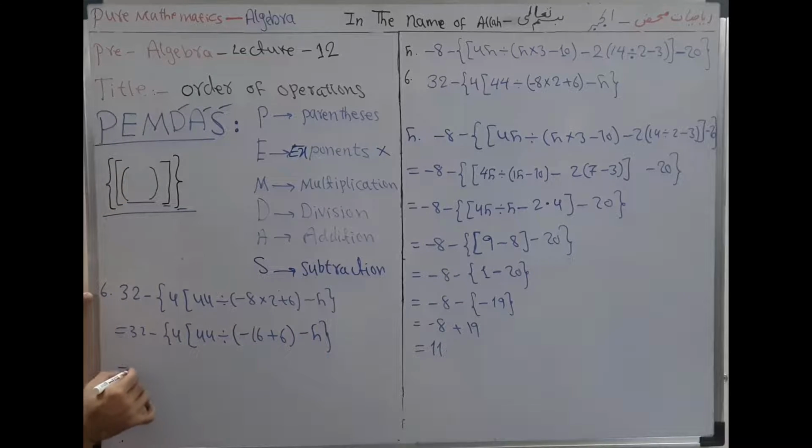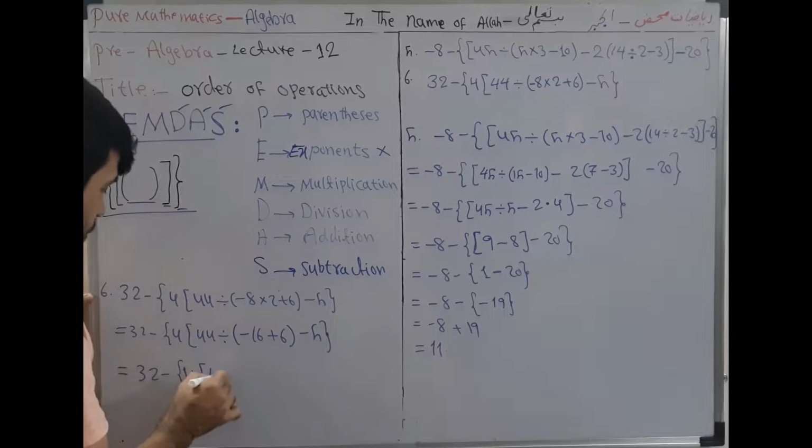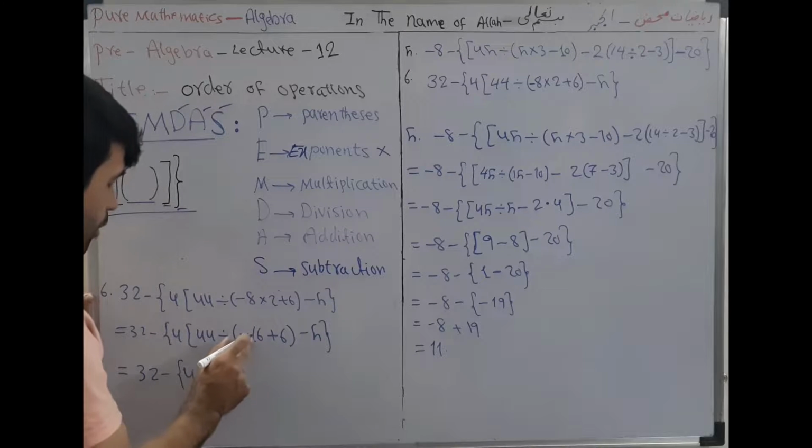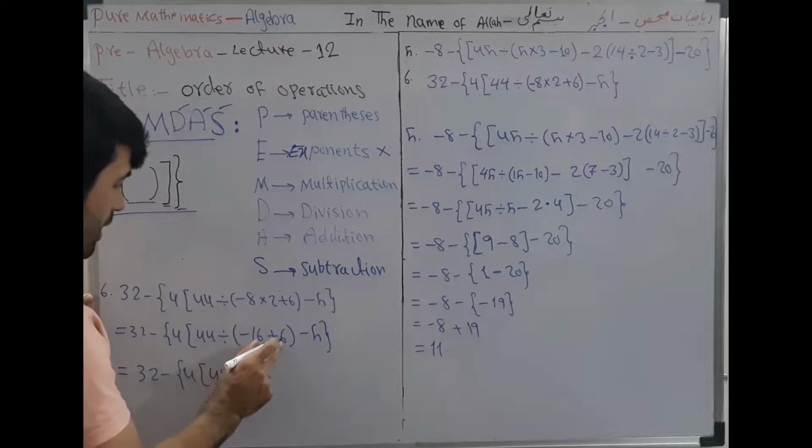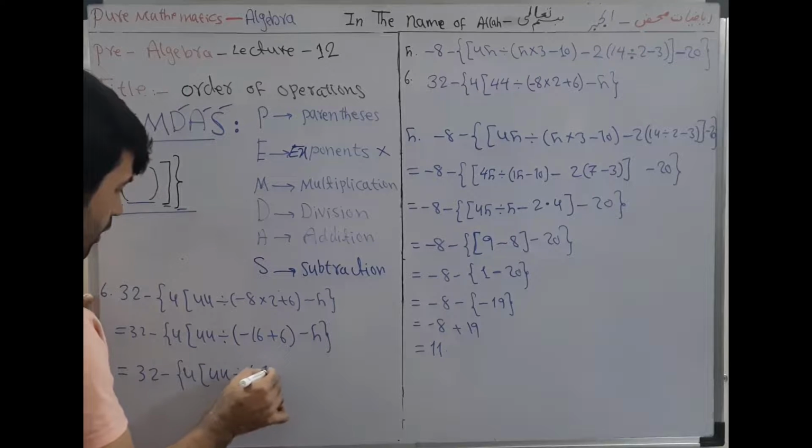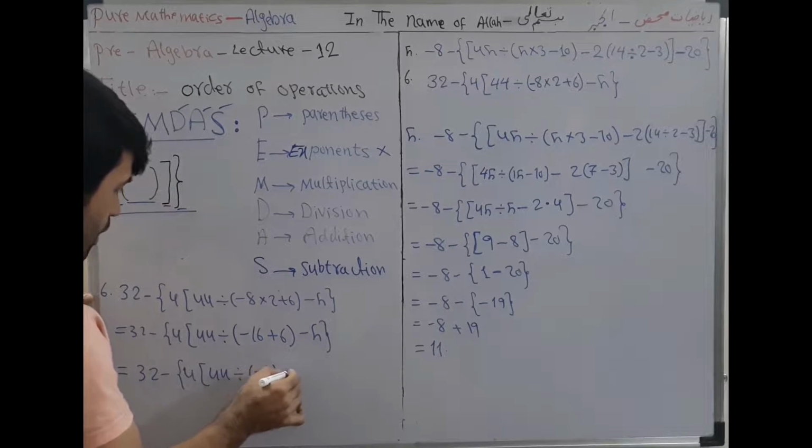It is equal to 32 minus 4 multiplied by 44 divided by minus 16 plus 6 minus 10 minus 5.